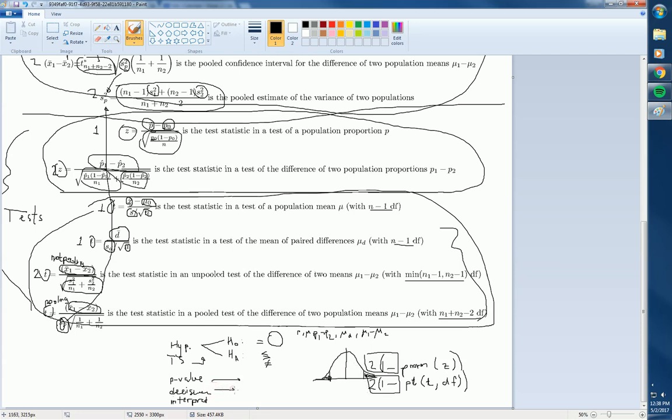Your decision is always to reject or fail to reject the null hypothesis, and if that's all you say, that's fine. You don't have to say more than that, although you can.